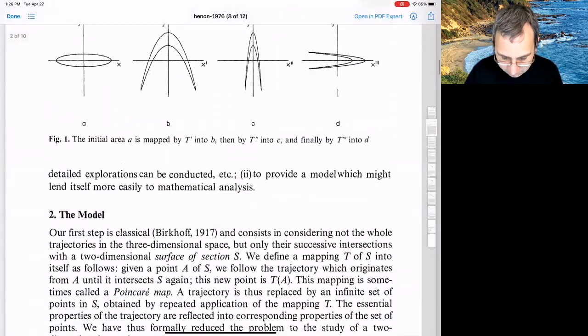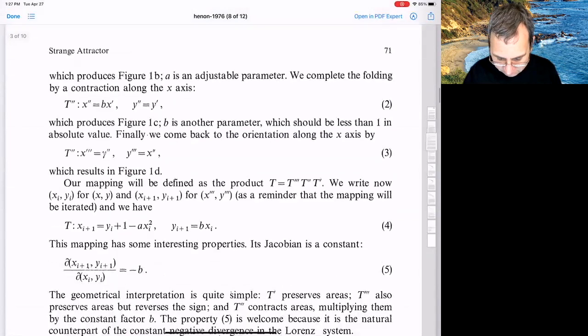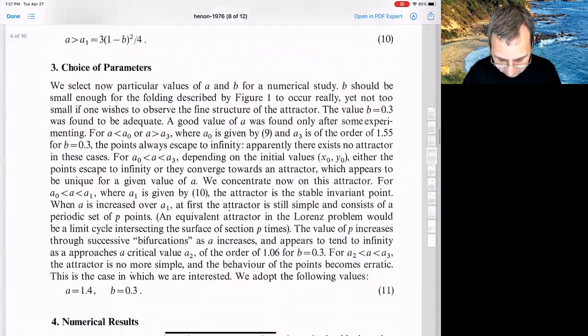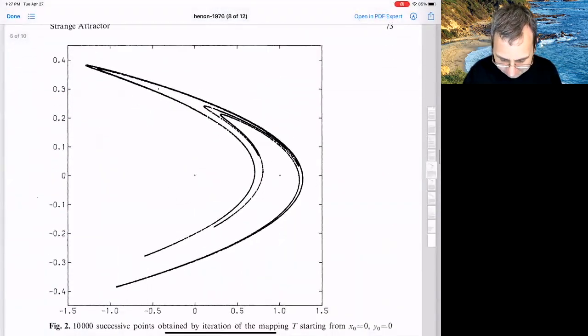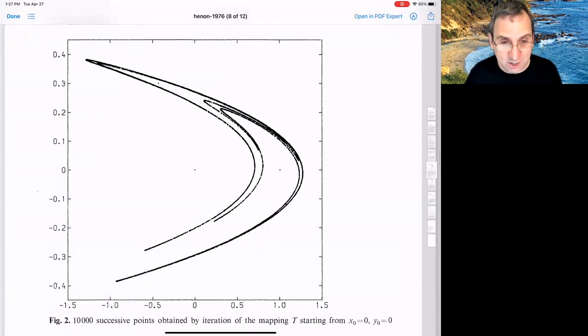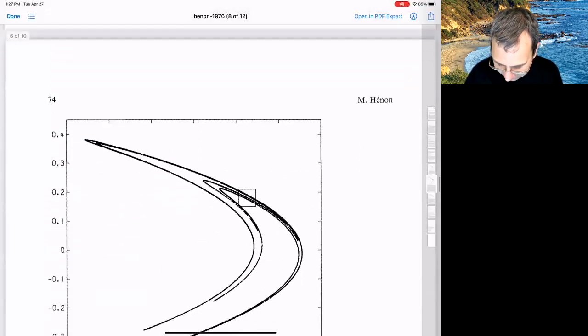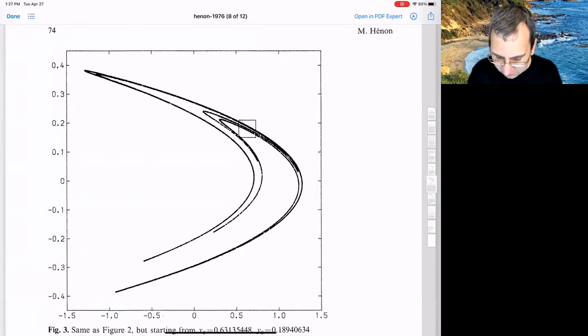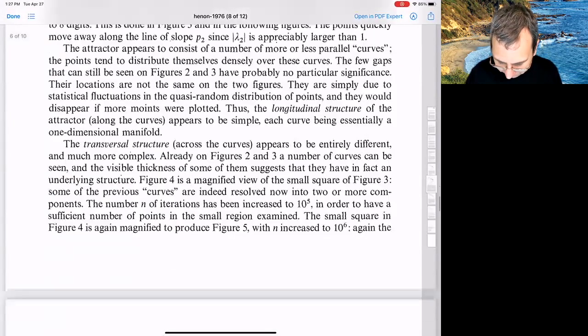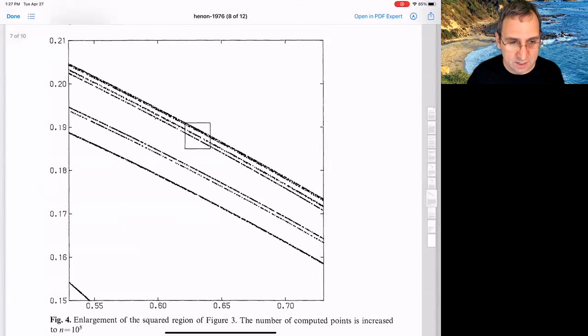There's his steps. Here's the map. Let's do some numerics. And that's the attractor. That's what things seem to converge to. And then he zoomed in on a box somewhere. So he said, let's take that little box and blow it up. And then we get to this.